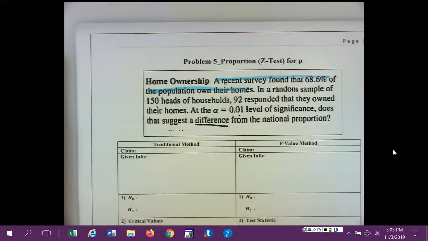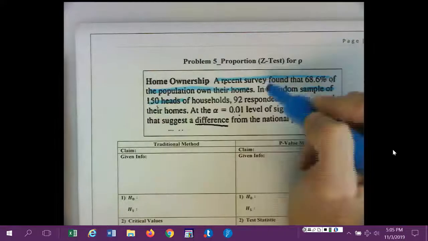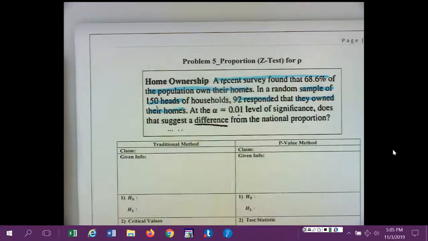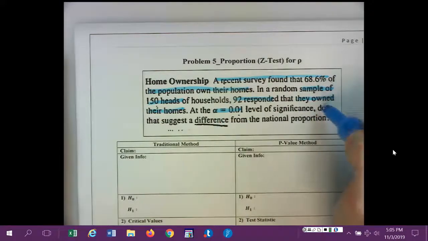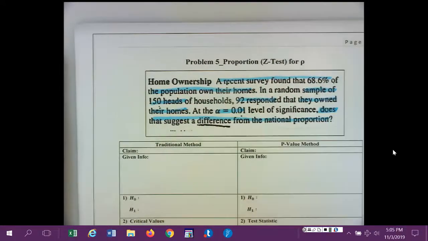In a random sample of 150 heads of household, 92 responded they owned their homes. At alpha equals 1%, level of significance. Does that suggest a difference from the national proportion?